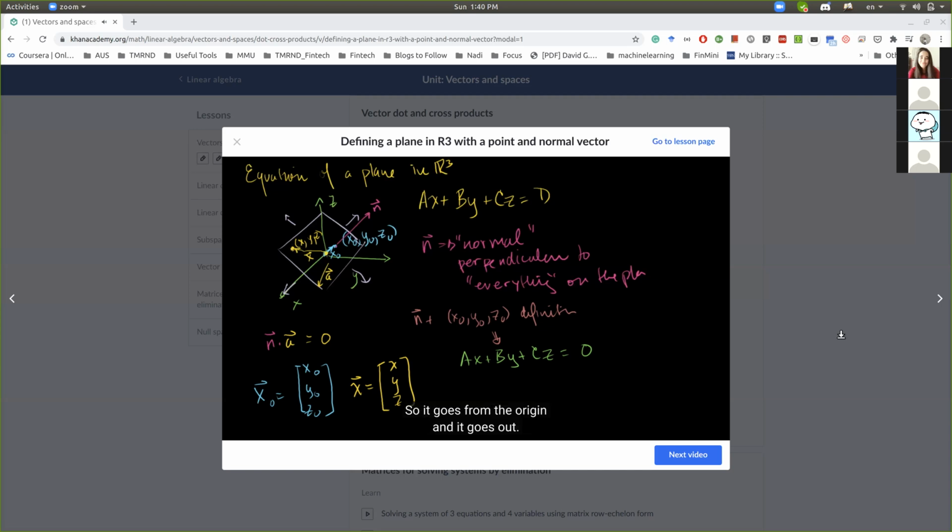So it goes from the origin and it goes out, and you can almost view them as, if the plane was like a coffee table, that this would kind of be these vectors. Let me see if I can draw it. If this was the flat surface of the plane, the vector x naught is going from the origin to specify some point on the plane, and then the vector x, let me do it in a different color, is also going from the origin to specify some other point on the plane right there.